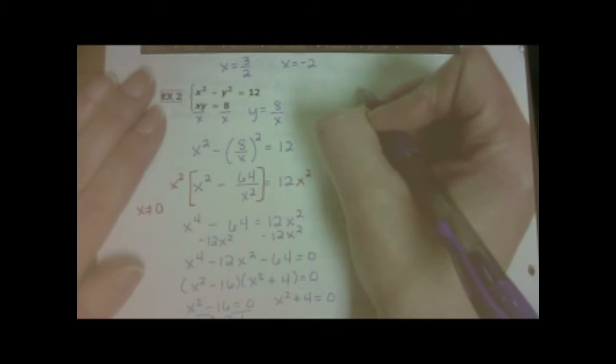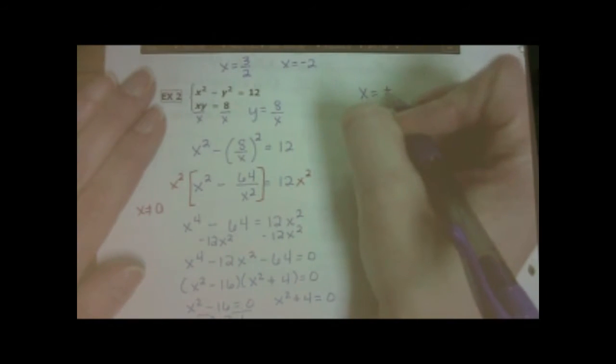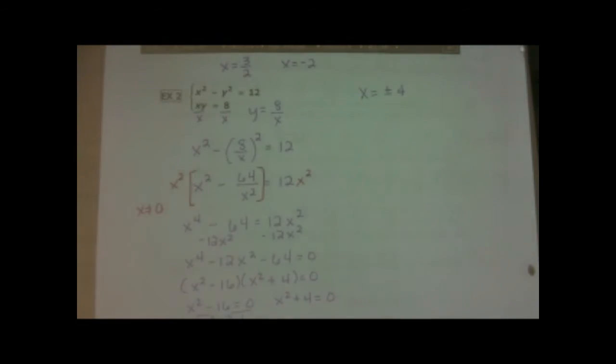Either x squared minus 16 is 0, or x squared plus 4 is 0. All right, looks like this is going to give us 4 solutions, doesn't it? Here, if you add 16 to both sides, you have x squared equals 16. And when you square root, you get to the point where you have x equals plus or minus 4. Because remember, when you square root both sides, you get 2 solutions.